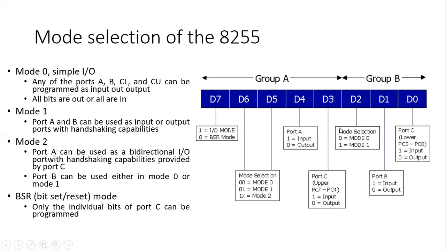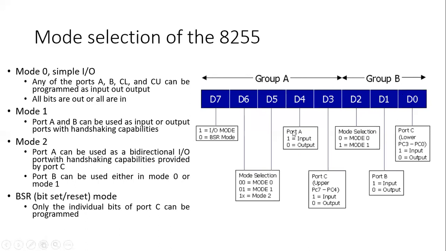This control register is used to control the operation, the selection of the modes and the selection of ports in 8255. It is grouped into two groups.